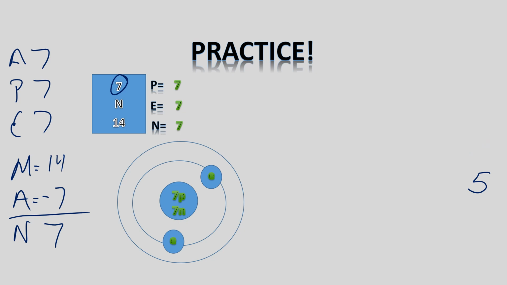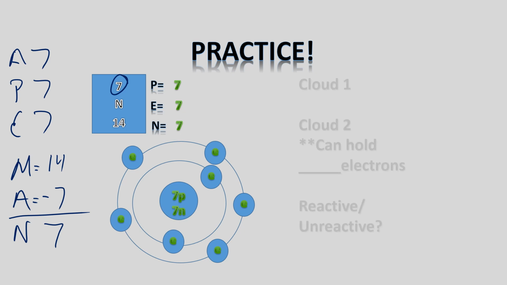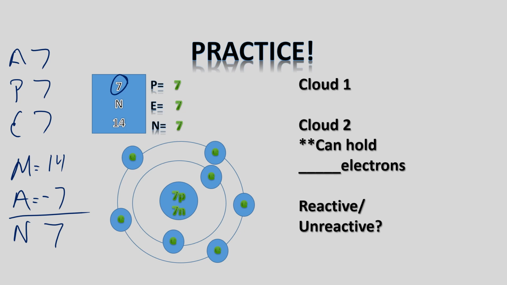That's always a good little trick. And so I'm going to start adding these in. There's the 5. So cloud 1 could only hold 2, but cloud 2 can hold 8 electrons. So if we only have 5, this would be a reactive element.